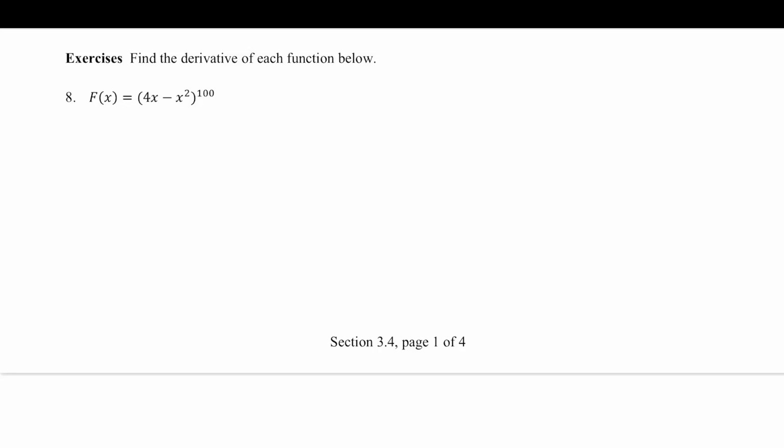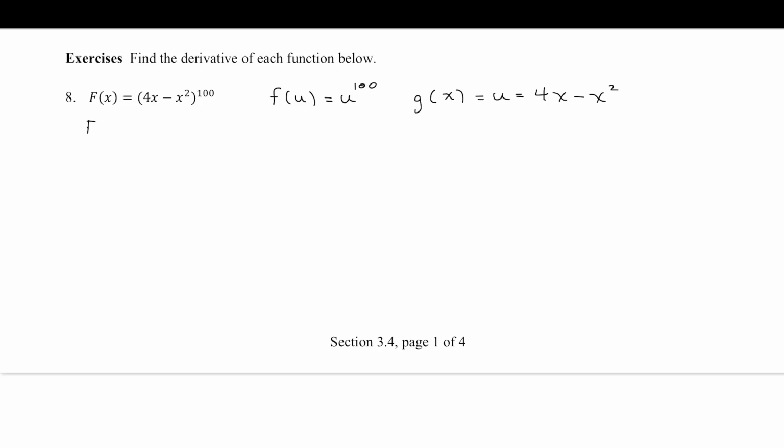So these are exercises from section 3.4 in your textbook. In number 8, we have the quantity 4x minus x squared raised to the 100 power. So let's identify the outer function f of u is u to the 100, and the inner function g of x, that is u, is 4x minus x squared.